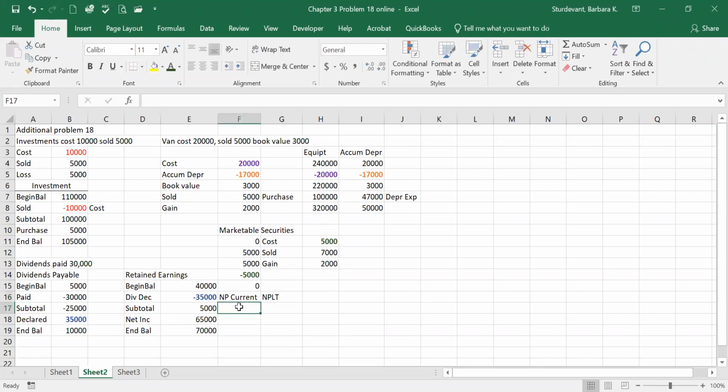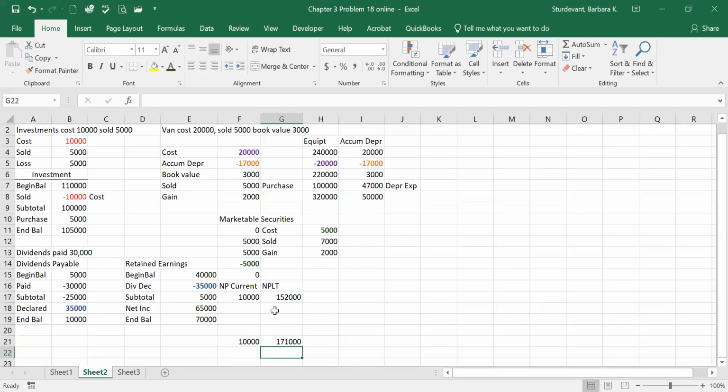So the beginning current balance was 10. Ending balance was 10. Beginning long-term notes payable was 152, and an ending of 171.